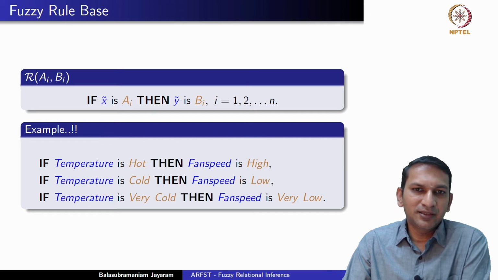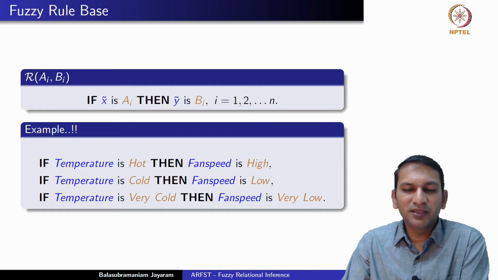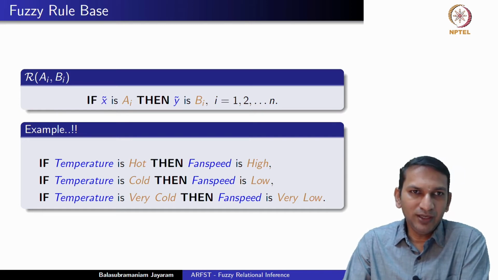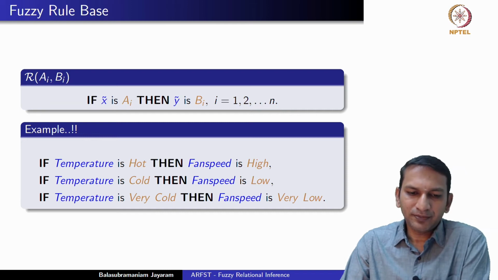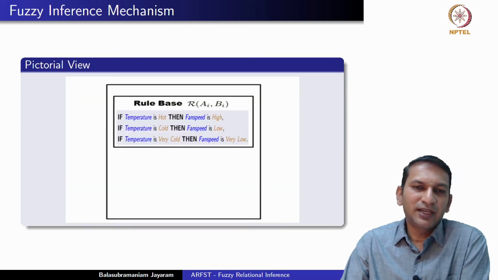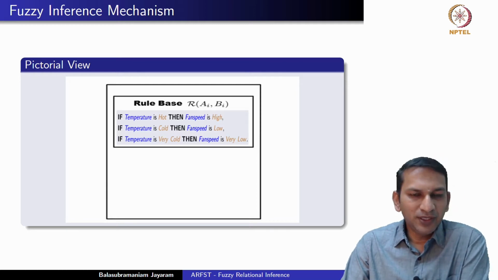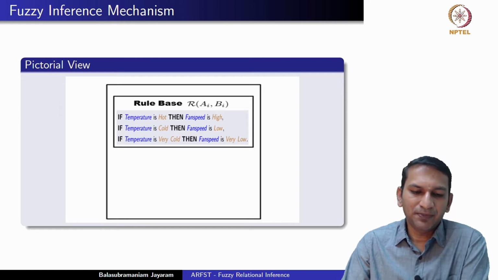Temperature can take the linguistic values hot, cold or very cold. Similarly, fan speed, which is a linguistic variable, can take fuzzy sets defined on Y, which in our case is between 300 and 1000, and they could be labeled as high, low or very low. So it is from here we are getting this rule base. This main component, which contains the knowledge about the system, we have dealt with, and this was only a quick recap.